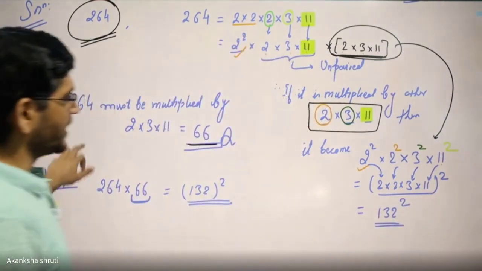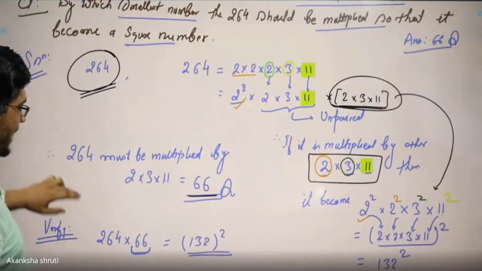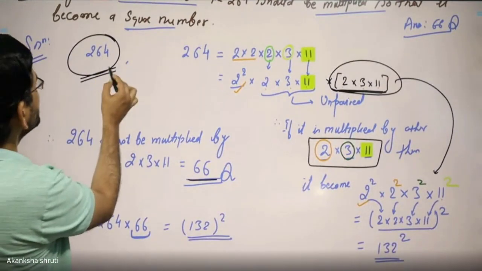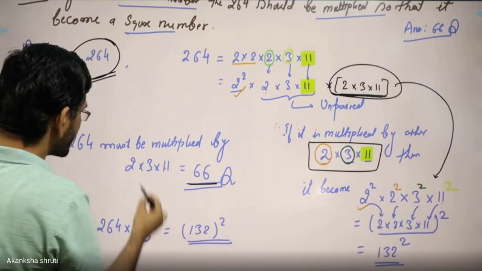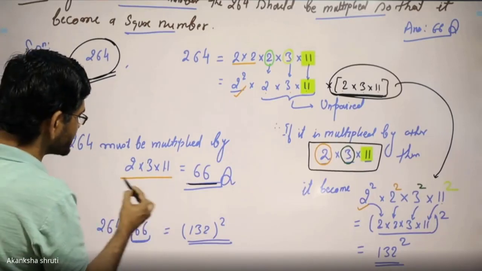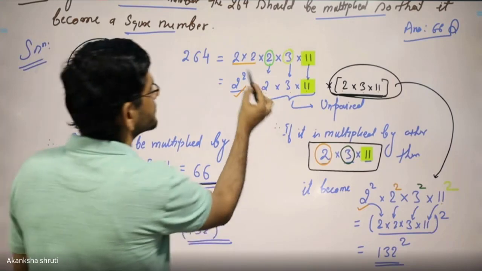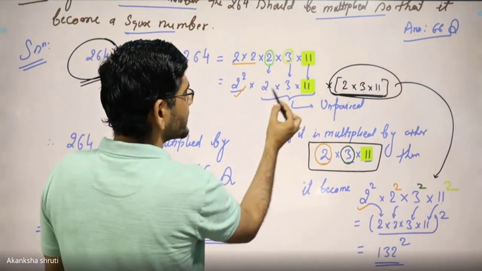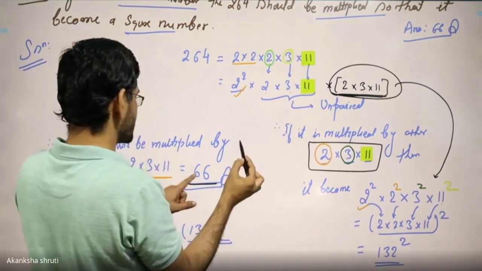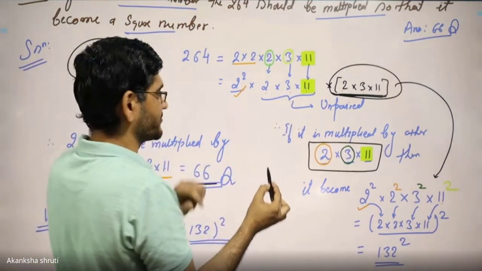So a question may be asked: the smallest number by which 264 must be multiplied so that it becomes a whole square. Then that smallest number is these unpaired numbers. To factorize it, take the unpaired numbers, that will be the smallest multiplying factor.